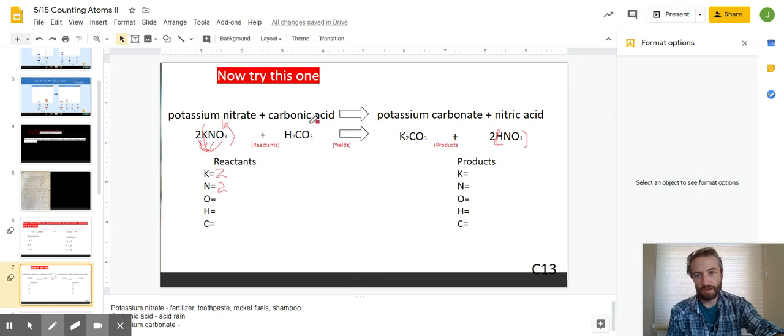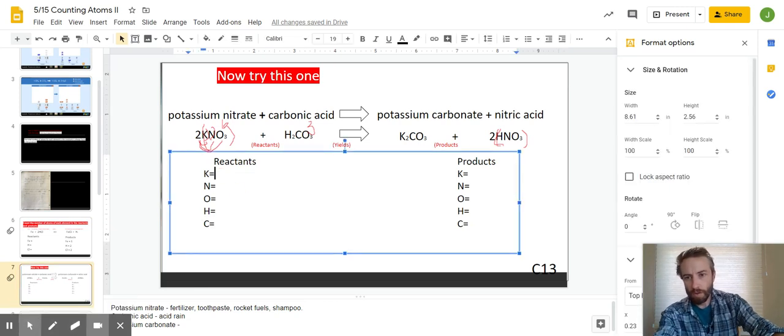And then there's another 3. So I've taken care of my K, taken care of my N. 6 and 3 is 9. Oh boy, I promise that's the number 9. There we go. 2, 2, 9. And hydrogen, it looks like I have 2. Carbon, I have 1.